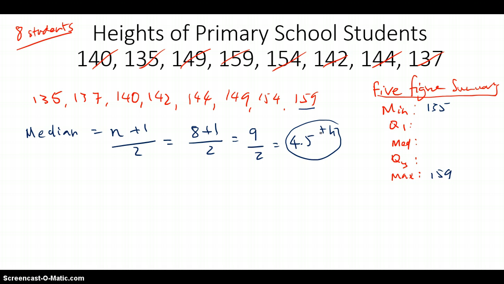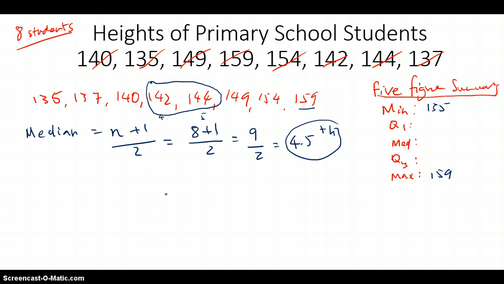How do we get the 4.5th number? Well, in this case, this is the 4th number, and this number here is the 5th number. So to get the 4.5th number, we need to find what is in between 142 and 144. Usually you don't have nice numbers that look like this, but we know the number will be 143.